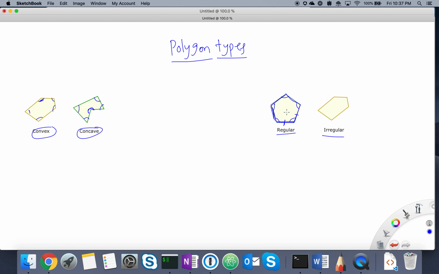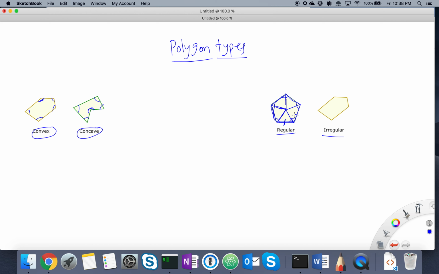And actually, there is a center point here for all the regular polygons. All the vertices of a regular polygon are equidistant from this center. They're all equidistant. Now, what did I say?